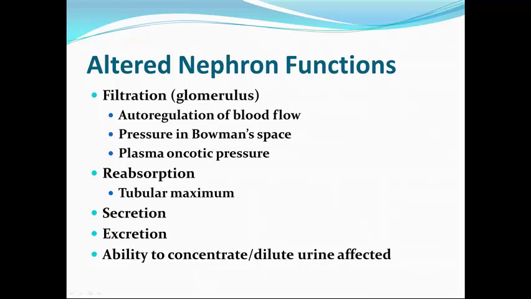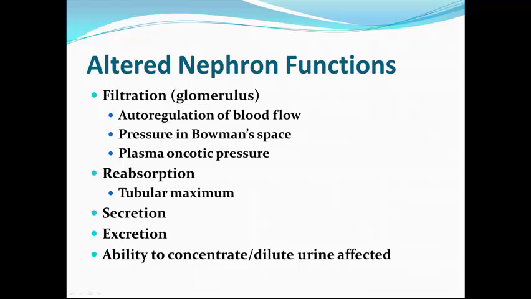Secretion is a very selective process, and it's frequently based on body needs. Two of the big ones that we think about in terms of secretion are both the hydrogen ion and bicarbonate. So you can see then that the secretion function of the kidneys plays an important role in our acid-base balance.